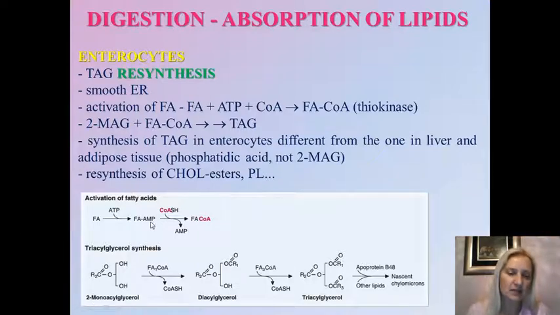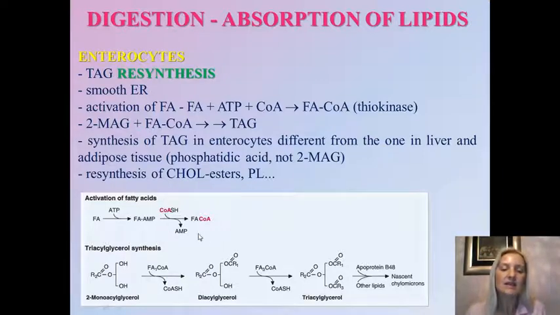And first, as you can see from the figure, fatty acids have to be activated in the reaction with ATP, where a fatty acid AMP complex is formed, and then coenzyme A is involved in the reaction, and instead of AMP we get fatty acid coenzyme A. This reaction is catalyzed by thiokinase, and this unique activation of fatty acids is also found in beta oxidation of fatty acids and some other metabolic pathways of lipids. So this is not the last time that we're going to discuss the activation of fatty acids.